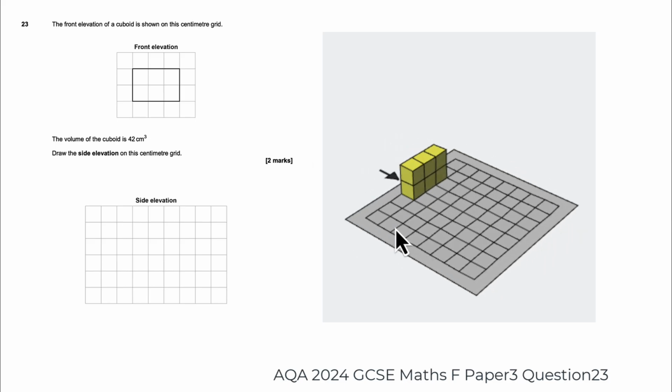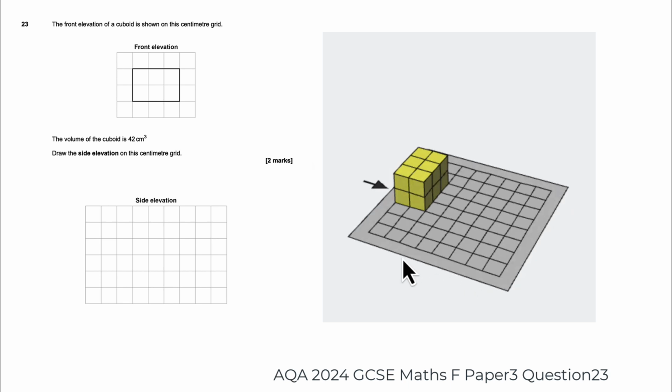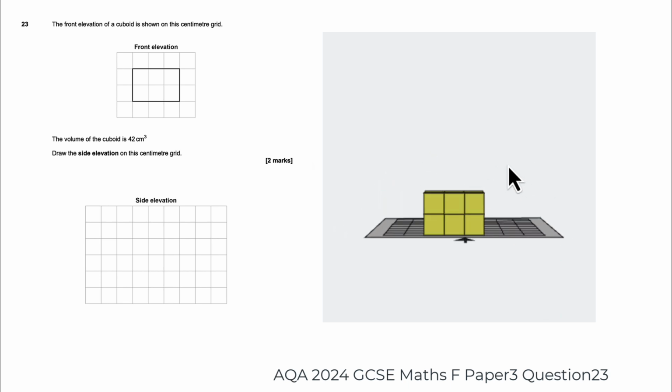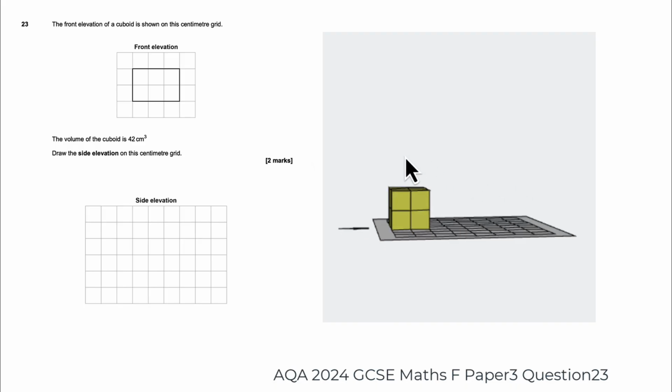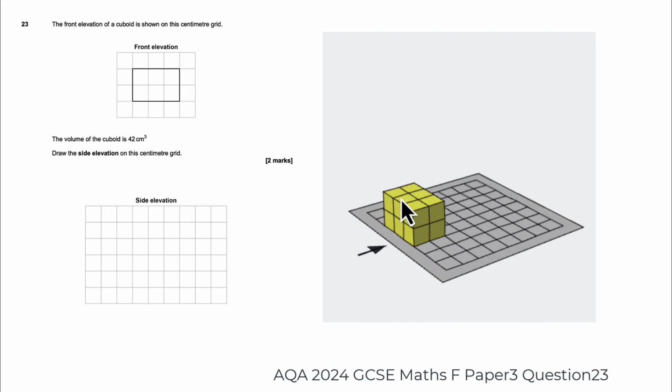Let's build another layer at the back of this. Now in this cuboid it still has the same front elevation. The side elevation is slightly longer. The volume this time, there's a couple of slices of 6 in each. There's 12 cubes altogether. So this has a volume of 12.